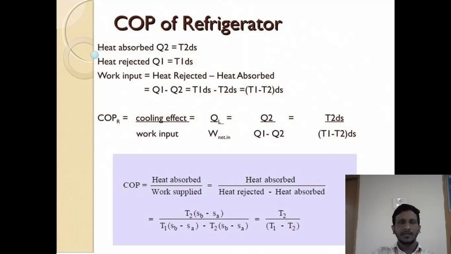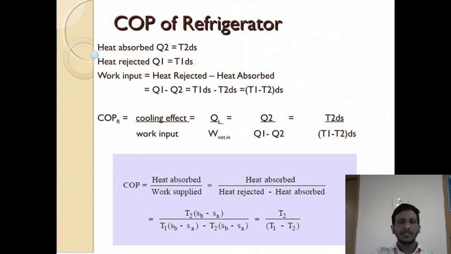Here the coefficient of performance of the refrigeration cycle is calculated from the heat absorbed divided by the work supplied. Otherwise, we can calculate the coefficient of performance from the cooling effect by the input needed to reject the heat. The cooling effect is the amount of heat absorbed by the refrigerant from the refrigerator region, which may be QL or Q1.